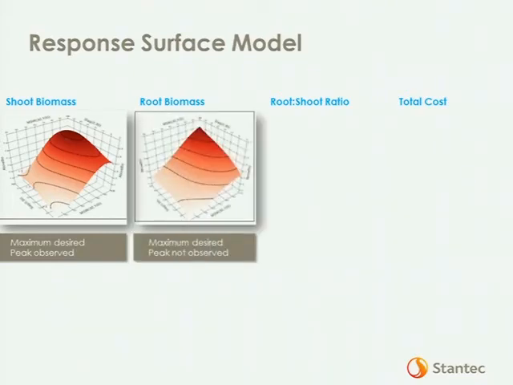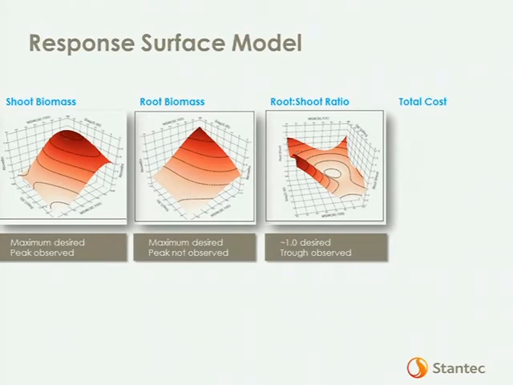With the root biomass, we didn't see our maximum. It just kept going up with the more materials we added. But in balancing those two, at the root to shoot ratio, we wanted around 1, or around a minimum here. We also found that in and around where we had the optimum above ground biomass growth.